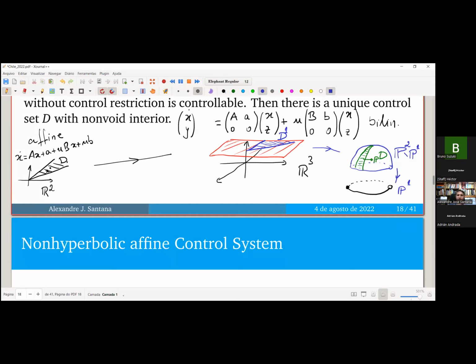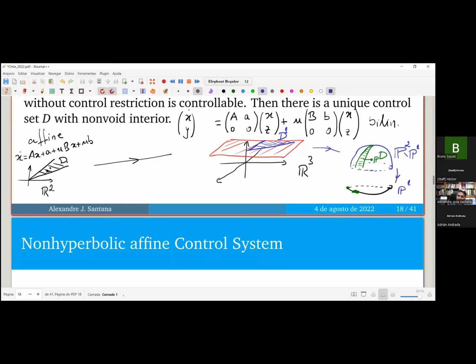Note that this set here, PD, will have in the boundary at infinity some part here because we disconnected this.